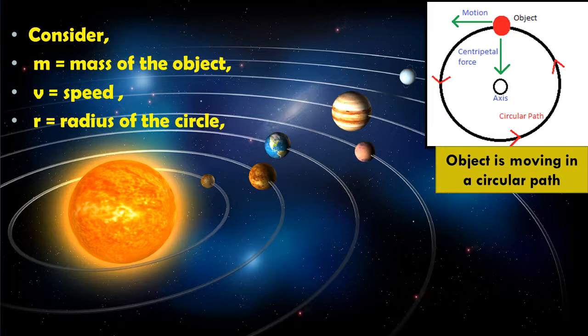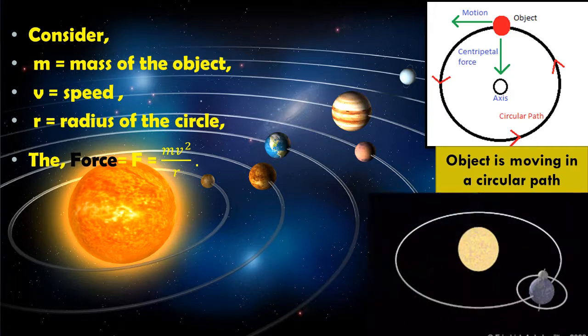Then it can be shown that this force is F = mv²/r, and this is the formula for centripetal force. That means the force acting is nothing but the centripetal force.